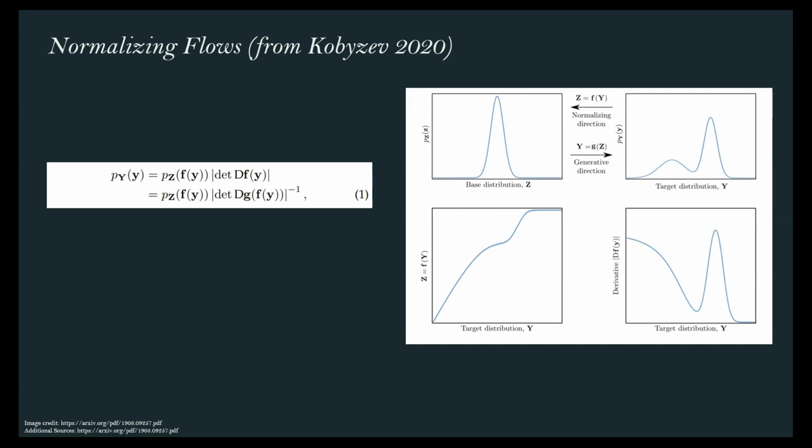And so essentially it's a volume preserving transformation. The amount in one region is the same as the amount in another region. So the amount of Y space that you're turning into the amount of Z space is roughly the same.